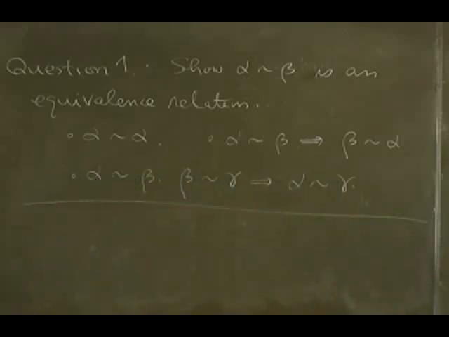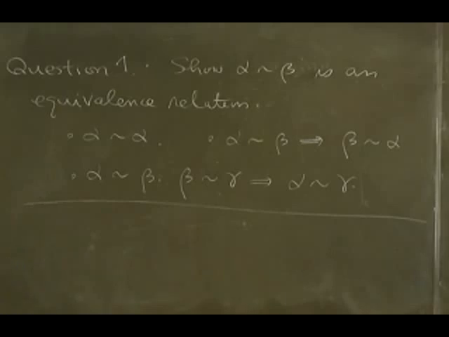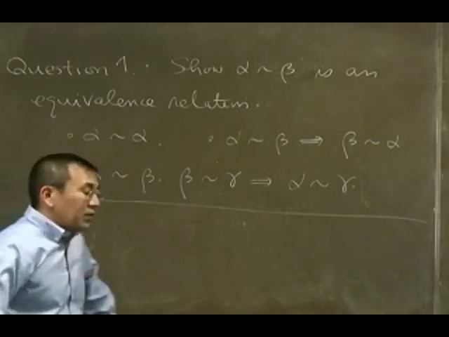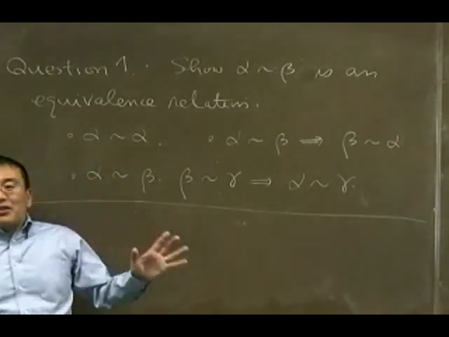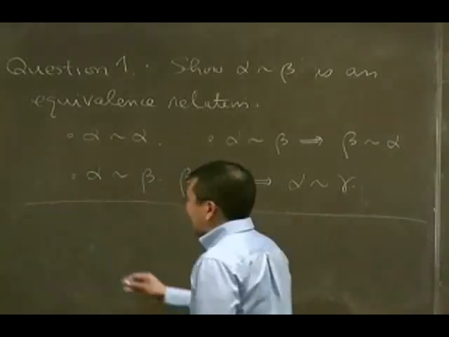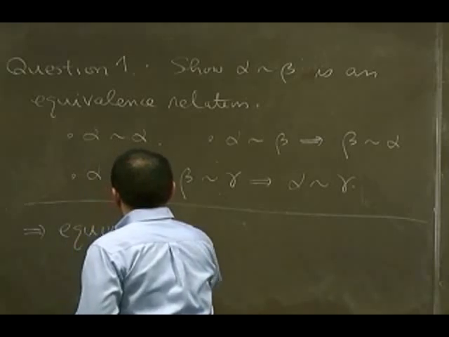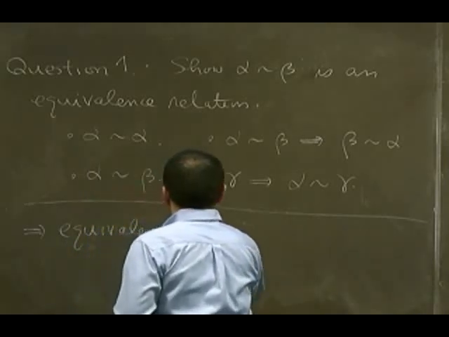Okay. So assuming that you solve this problem, we have an equivalence relation. From our discussion last quarter, the fall quarter, we know that if you have an equivalence relation, then you can define equivalence classes.